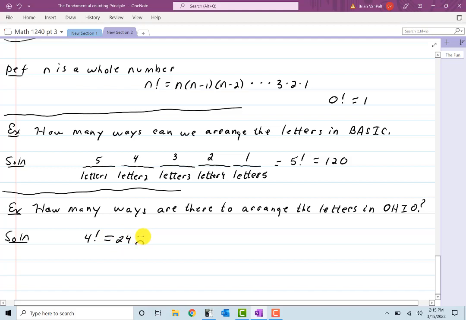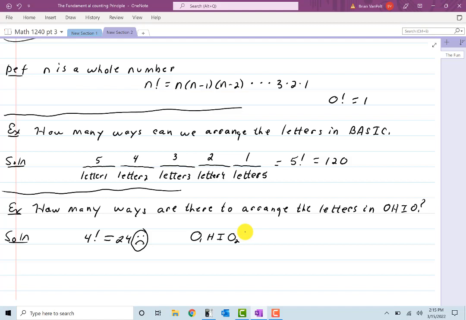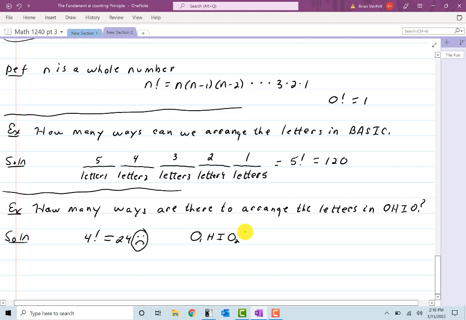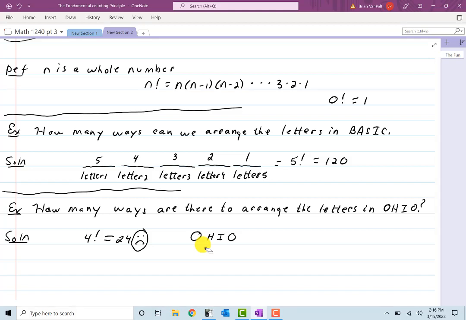24, there is unfortunately not 24 ways of arranging the letters, because if I were to instead, let's say, call this O1, H, I, O2, then I would have 4 distinct objects. Now I could arrange those 4 distinct objects in 24 ways. That is true. However, once I remove these little subscripts from them, half of the outcomes will be the same.